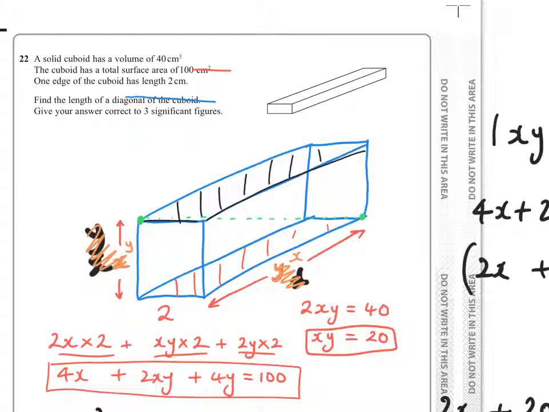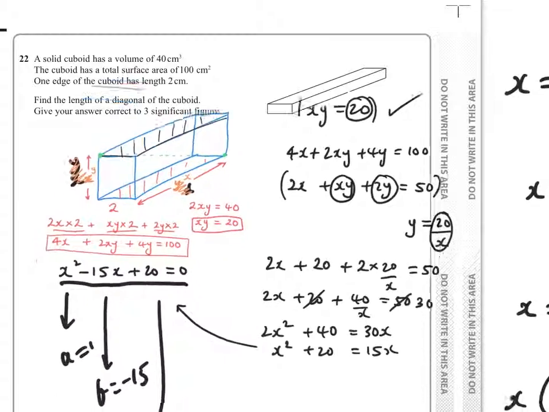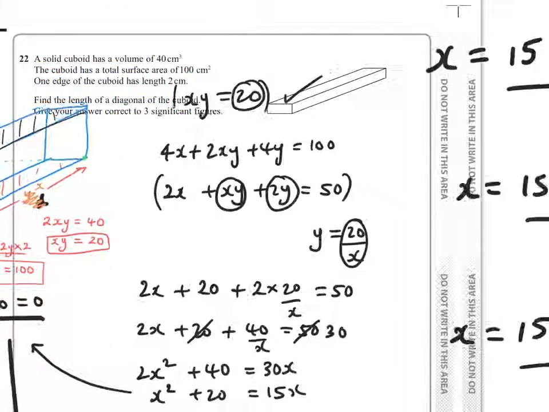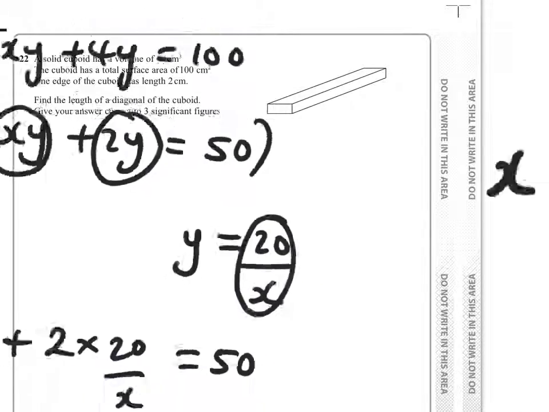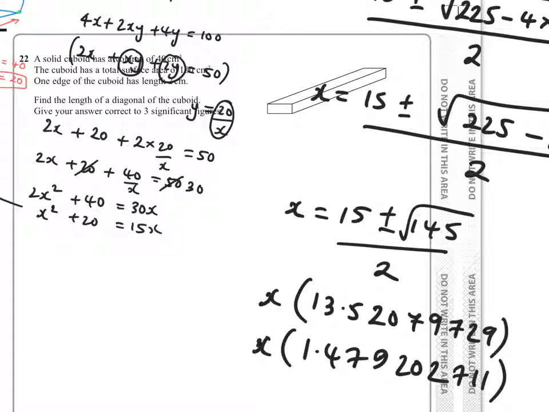If you don't like the idea of that, thinking that you've already got x and y just because you've got two values of x, then you can go back to this formula here, y equals 20 over x, plug in one of your values for x, and you'll have 20 divided by, say, which one should we use? 13.520797929, and you will get 1.479202711.